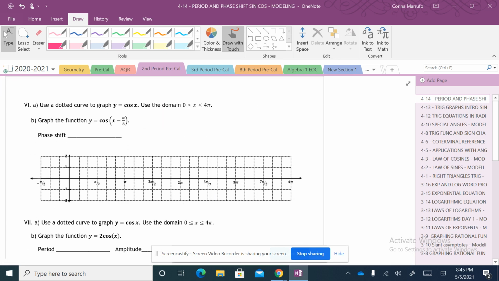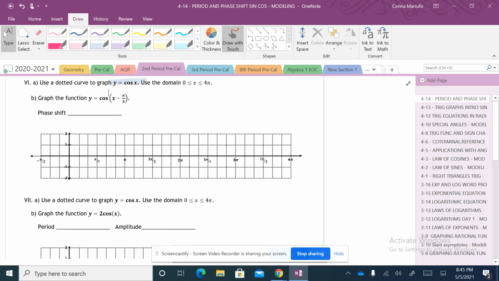All right, the next one here, it says use a dotted curve to graph cosine of x. So we're going to graph the parent function, and then we're going to translate it. Cosine starts at 1. It comes down, back up, down, and back up.